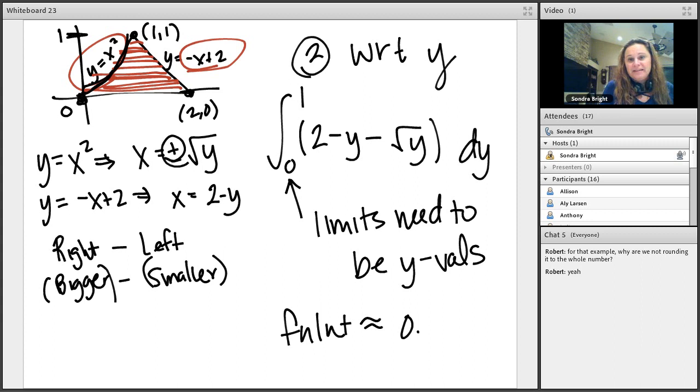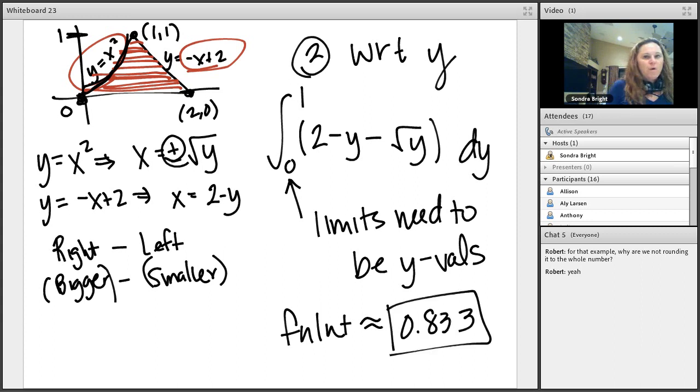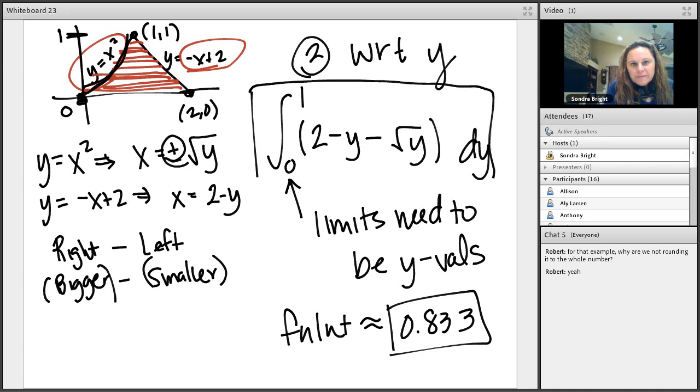You better get the exact same answer, or else you have done something wrong. So here's the setup, and then the answer there. All right. Type now if you have questions before I move on to another type.